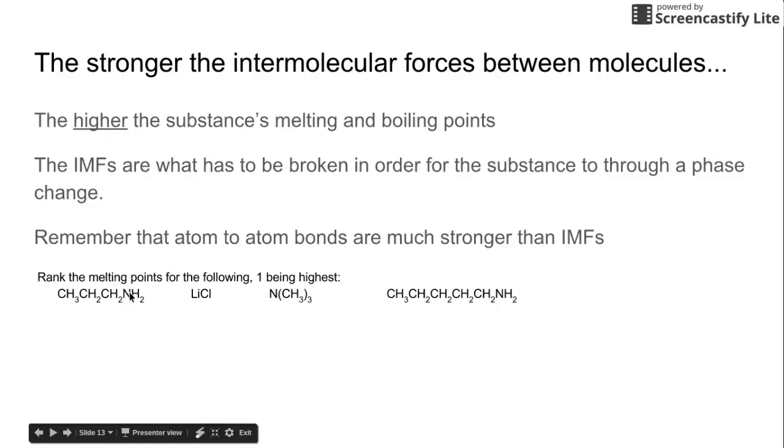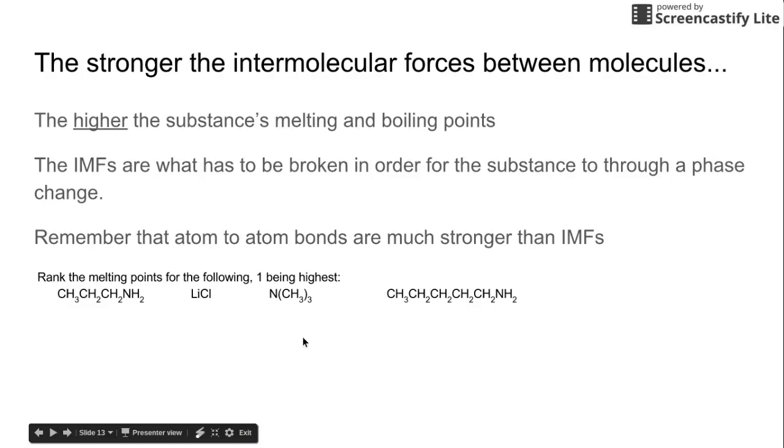So here we have a molecule, all nonmetals. This is an amine because I see that CH2 here. And that's going to have some hydrogen bonding in it. We have lithium chloride. This is an ionic compound, so this is definitely going to be the strongest attraction here. This is not intermolecular forces that are happening here, but ion-to-ion attractions.